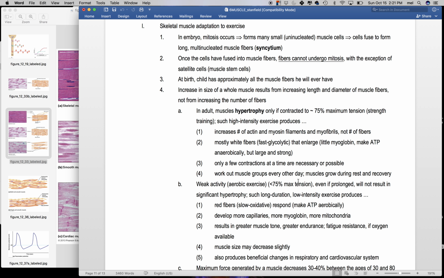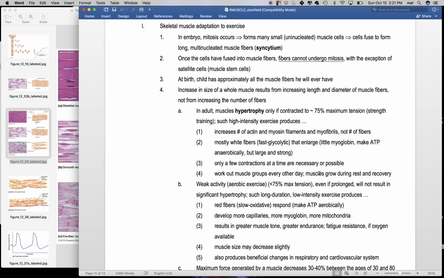And so what will happen if you do that strength training activity is that during rest periods, assuming that you have adequate protein in your diet for amino acids and adequate amounts of ATP, you have just told your muscles and created small little damages in your muscles that says, hey, you're not adequate to this task. And so what you will do is protein synthesis during your rest periods.